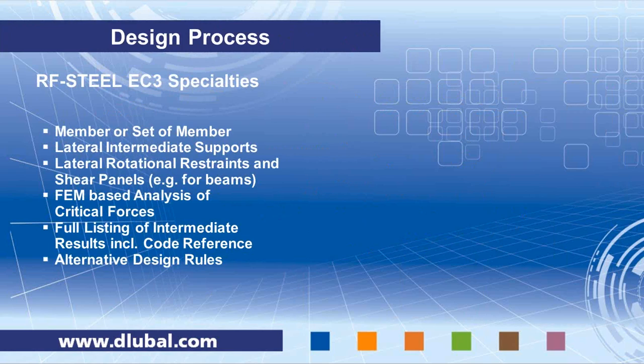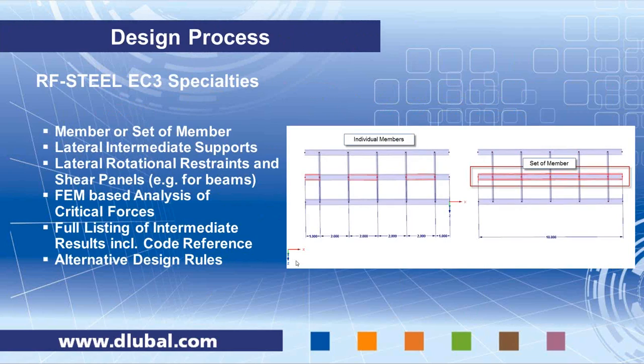Some special things about RF Steel EC3 are that we can, for example, choose between a member design and a set of member design. When we model a complex building or some structure with lateral intermediate supports, typically one part that would be built or constructed as one physical member is modeled as several analytical members.